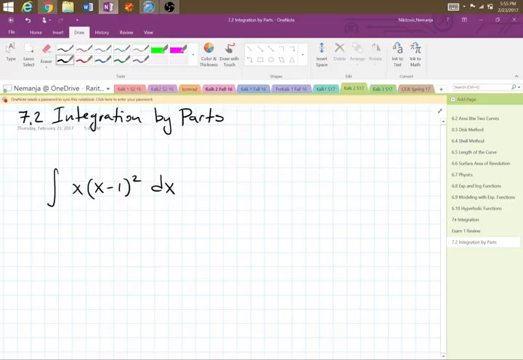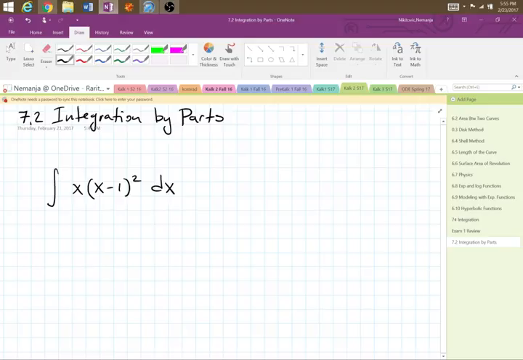Sure, you can do u sub here, which would just complicate things for no reason. And you definitely can FOIL, right, x minus 1 squared, and then multiply through by x and solve it. So there are two, should I say, easy ways to integrate something like this.